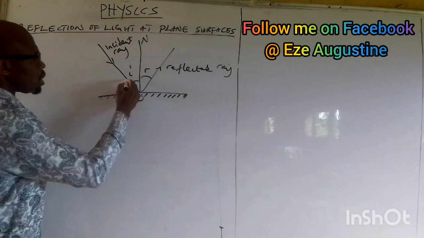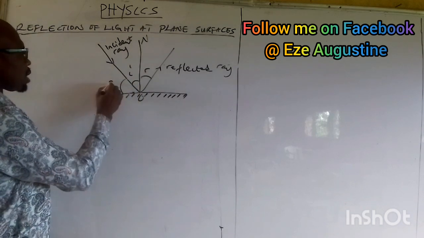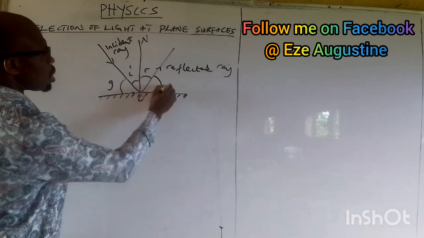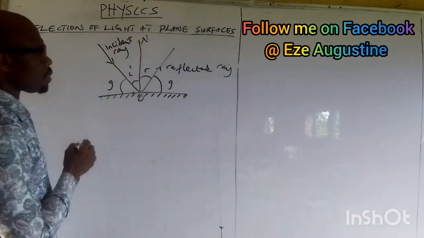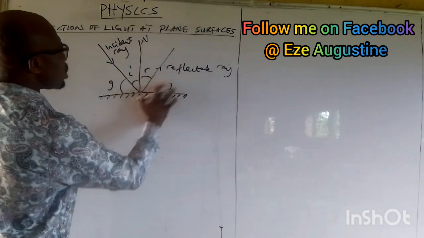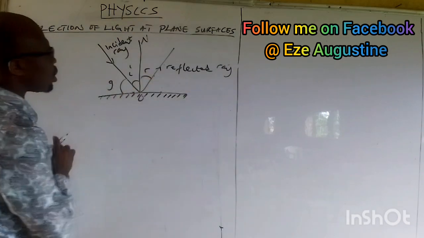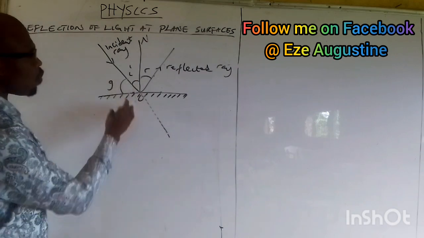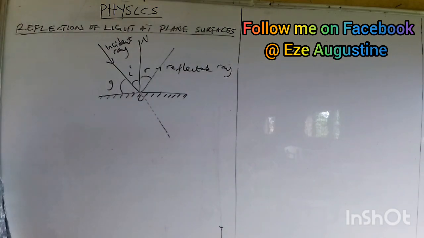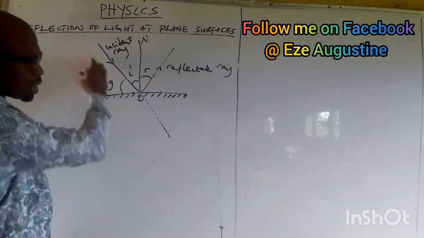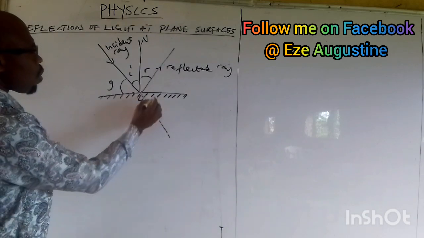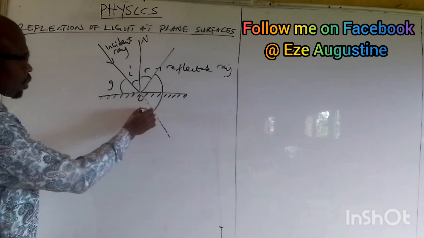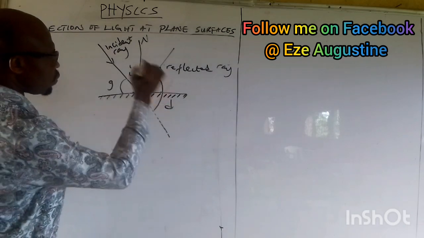And of course, this is still equal to this. If we have this as the transmitted ray, the one that passed through, an angle is formed here also, and this angle is called the angle of deviation.